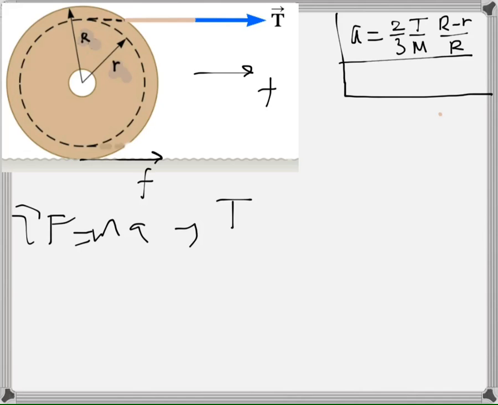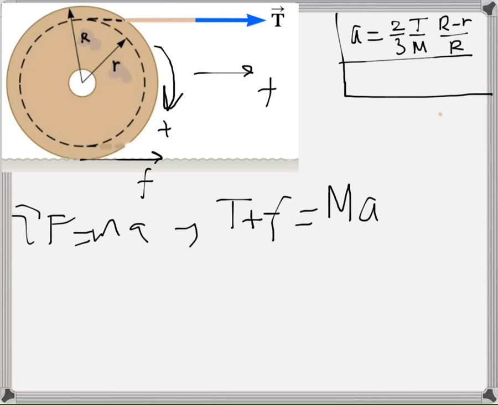If you take this direction as plus, then since it's rolling in the direction of T, and it's rolling in the clockwise direction, I will take also the clockwise direction as plus. Okay? So T, this time plus F, must be equal to mass times A. Right? Because both forces are in the same direction.